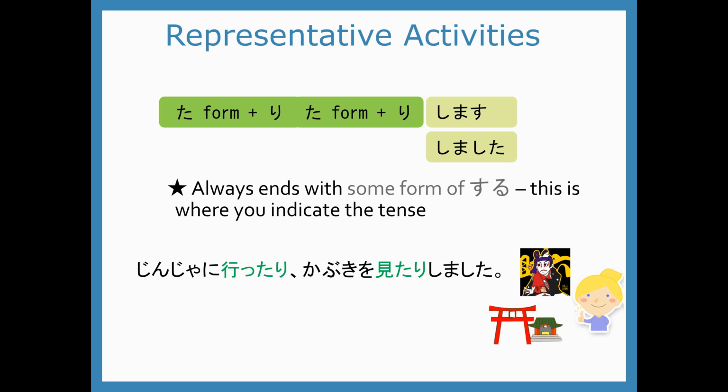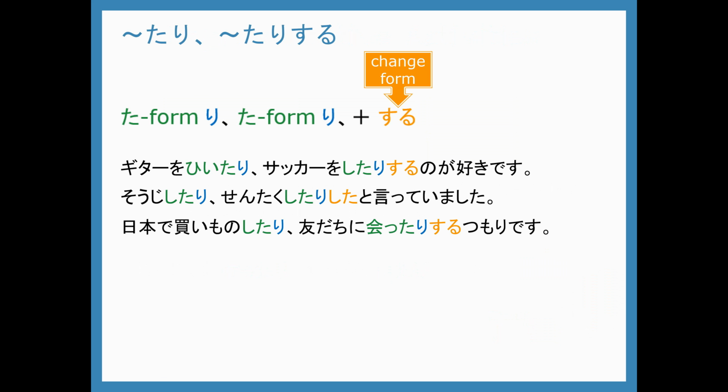Like, jinja ni ittari, kabuki o mitari shimashita. Having the shimashita here shows us that this whole thing took place in the past. So we can change this suru at the end to any kind of way that we want for the sentence. So I could say, ギターを弾いたり、サッカーをしたりするのが好きです。So, the するのが好きです.